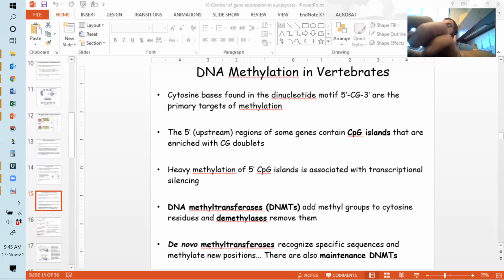Those are heavily methylated. And so that's an extra dimension to cancer biology. It's not just about turning on things that should be off, but also about turning off things that should be on, right?